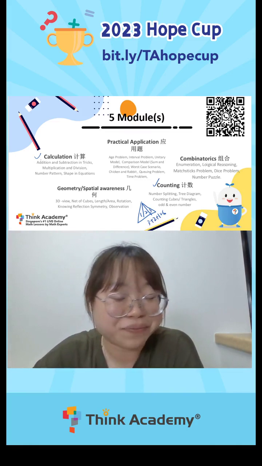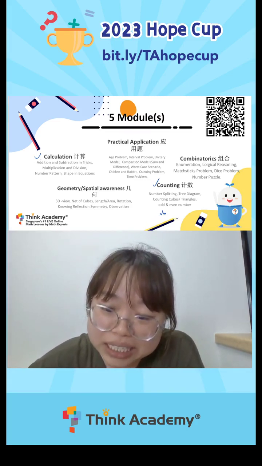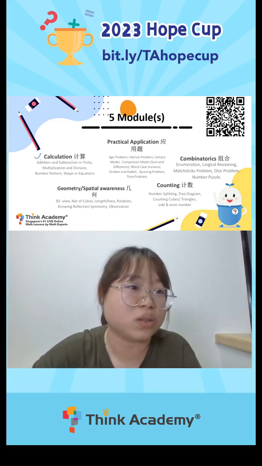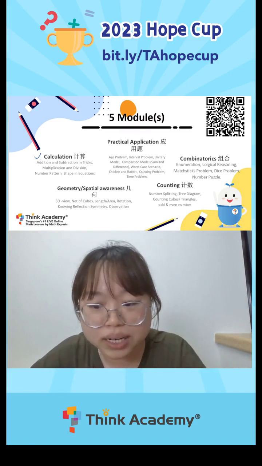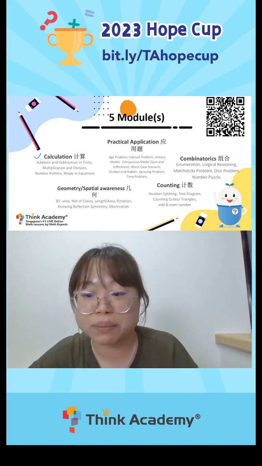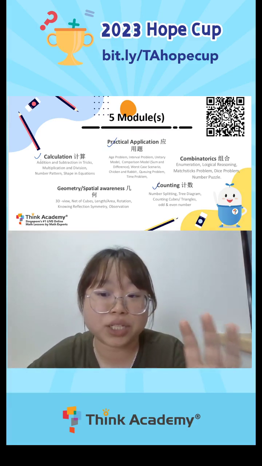Is it fast enough? Yeah, so if you learn Math Olympiad, it's indirectly training how you think the solution in the real fast way. Okay, and odd and even numbers, the kids should understand what is odd number, what is even number, yeah? Then the next one we go to is geometry and spatial awareness.